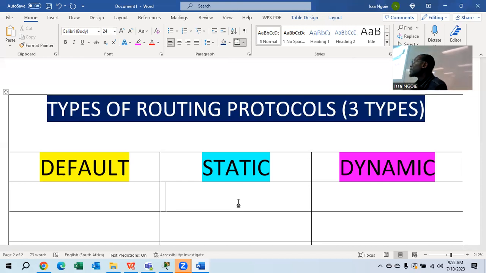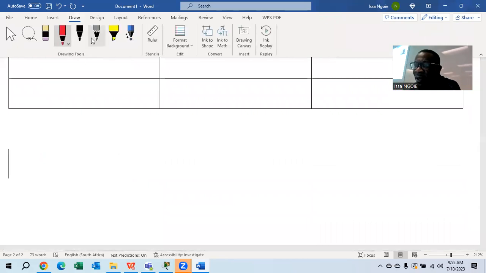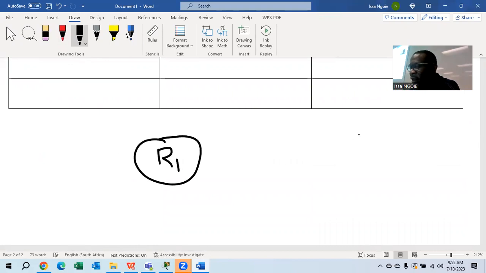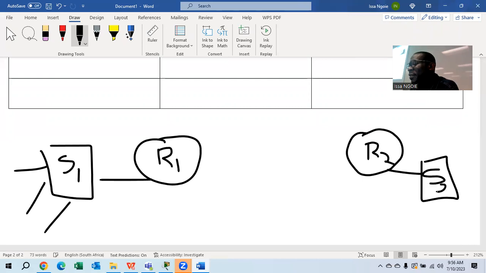Guys, it means this: let's say I have my router 1 and there is my router 2, all right? There's my switch here, or one switch or multiple with computers there. There are some switches you connect there with your computers. Now you want to connect those two routers. Those two networks must talk now, right?